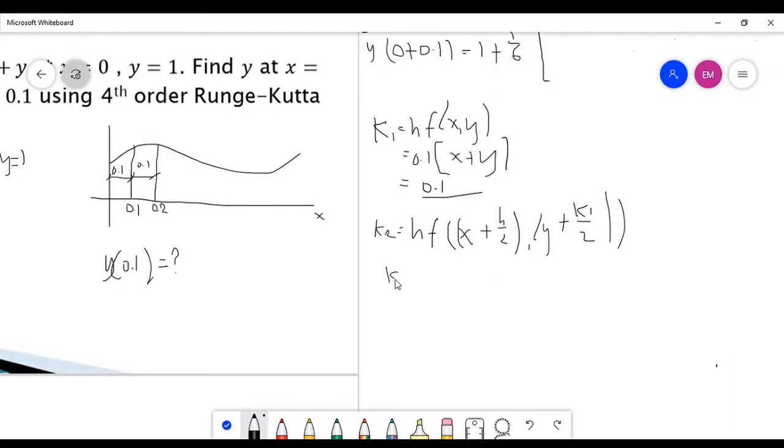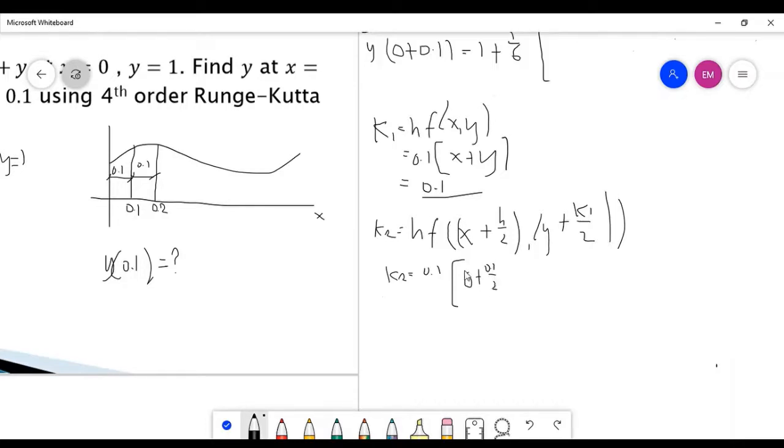However, the function here is just addition, so we can simply add these terms. So 0.1 times your x, which is 0 plus 0.1 over 2.